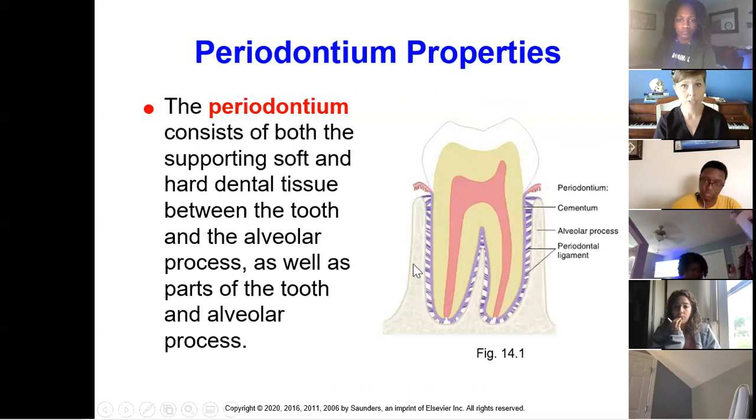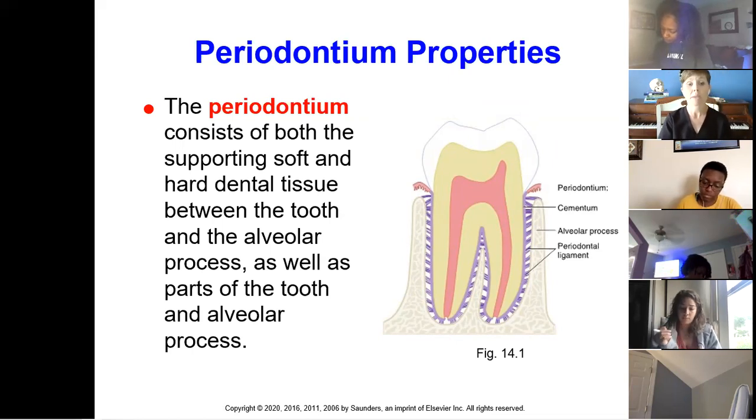And then you have your periodontal ligaments that attach from the cementum to the bone via some fibers that we'll talk about here. So the periodontium consists of both supporting soft and hard dental tissue, between the tooth and the alveolar process, as well as parts of the tooth and the alveolar process. So that is the periodontium.